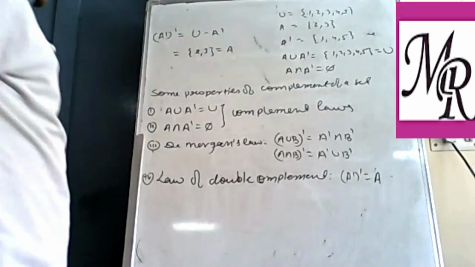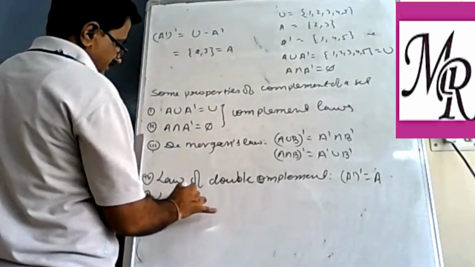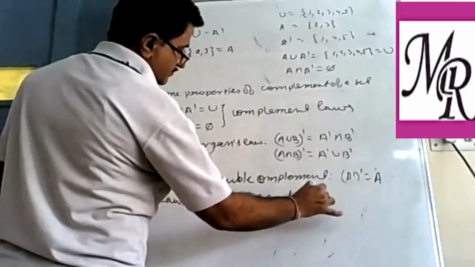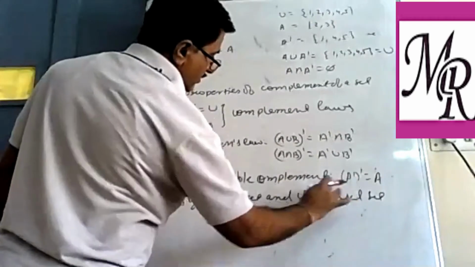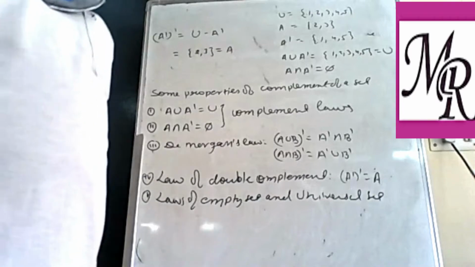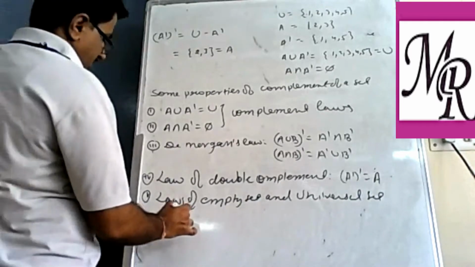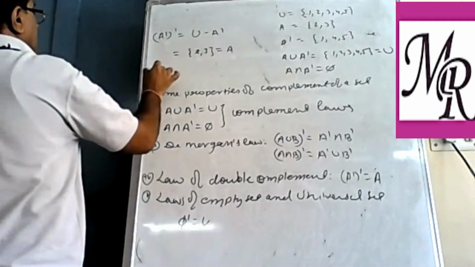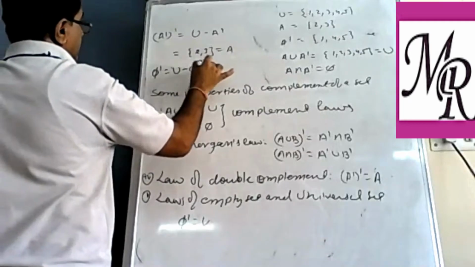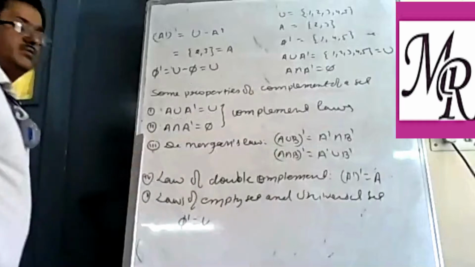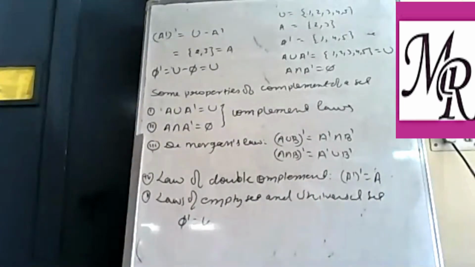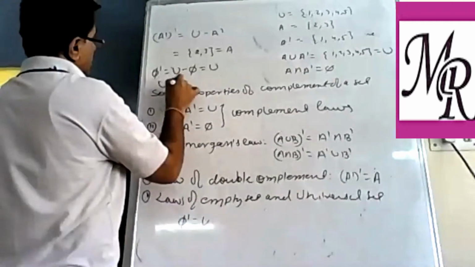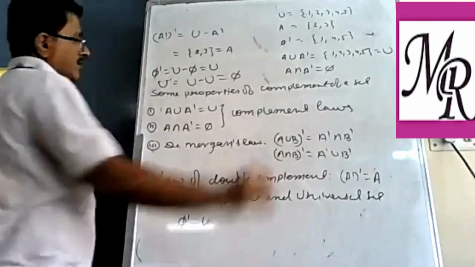Then the empty set and universal set. The complement of the empty set, phi complement, equals U. Phi complement means U minus phi, and phi is empty, so nothing is deleted from U. Then you get again U. So phi complement is U. And the complement of U is U minus U, that is empty.